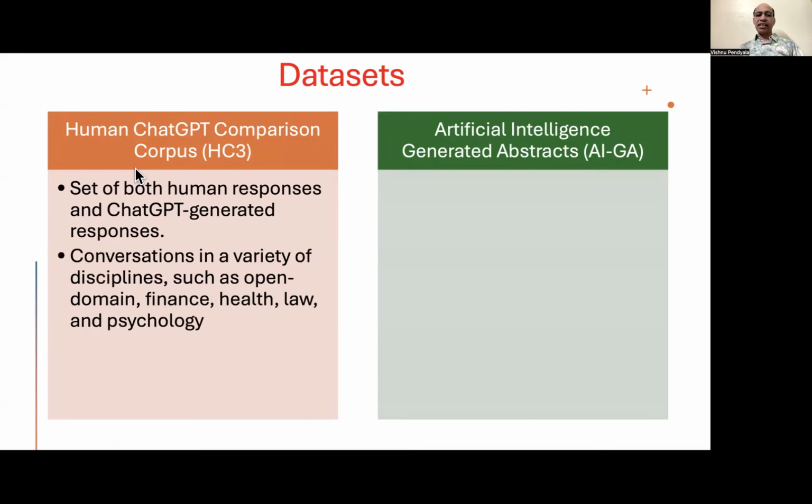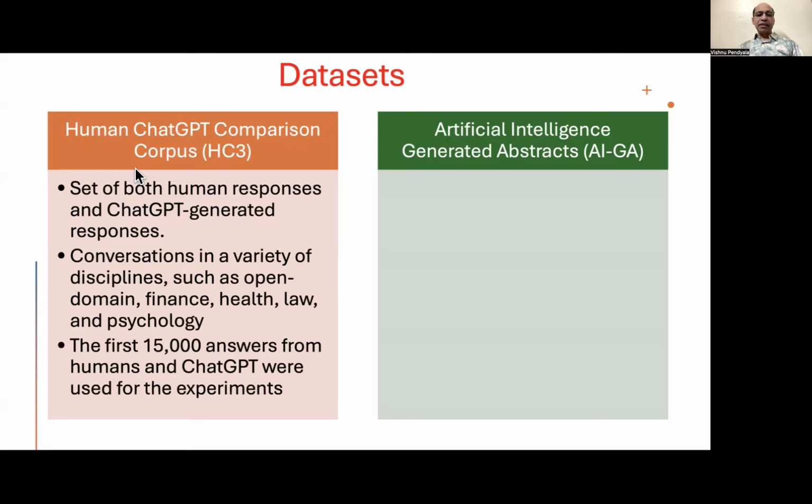So the same question is asked to both humans and ChatGPT, and the responses are recorded. And the conversations are in a wide variety of topics, such as finance, health, law, and psychology, and so on. For our experiments, we used only the first 15,000 answers.